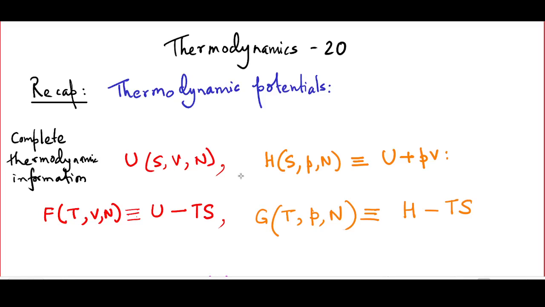In this, you subtract from the function the product of the variable that you want to get rid of and the function's derivative with respect to that variable.